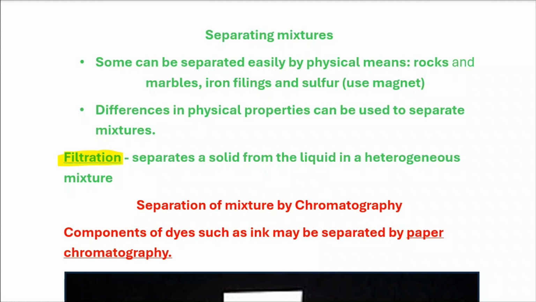Okay? A solution is colored, different colors are there, and you have to separate it. So what are you going to do now? There's a technique which is called chromatography. Chromatography is a technique used to separate a mixture, and we call it paper chromatography.